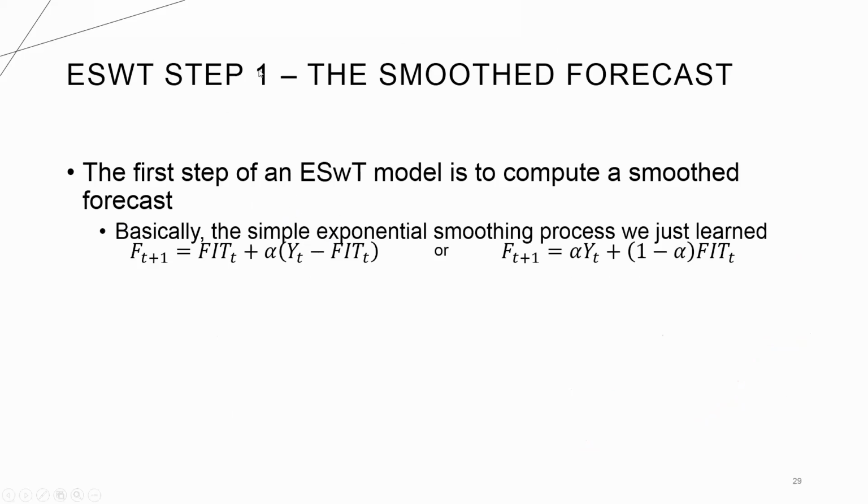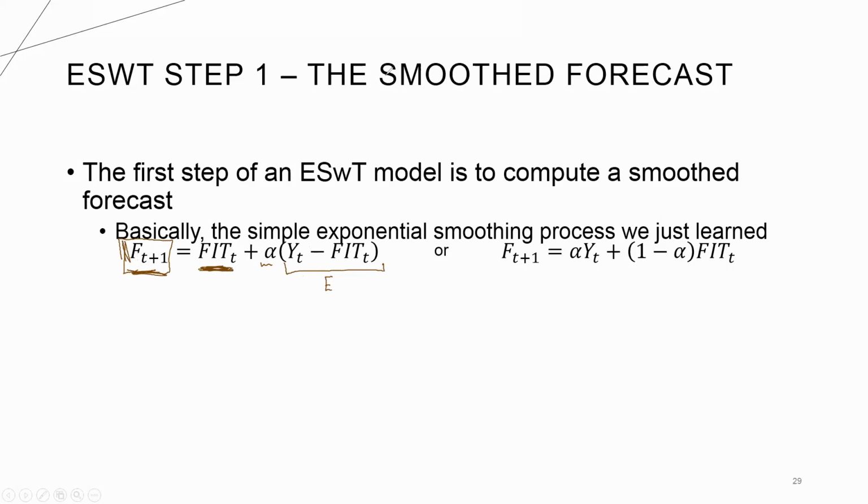Our new smoothed forecast is going to be the previous final forecast, the FIT, the forecast including trend, plus an adjustment based on alpha and the error. This is the actual minus the final forecast, that's how much we were off by. So we take our forecast including trend from last time, adjust it based on the error, and that gets us our new smoothed forecast.